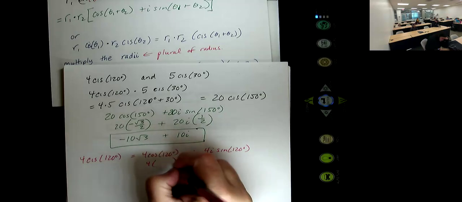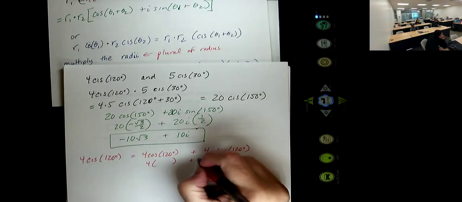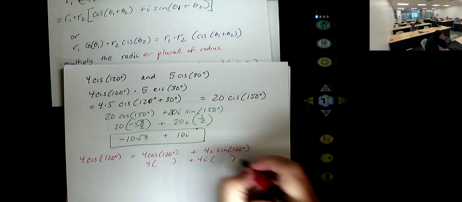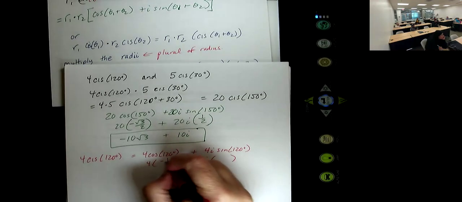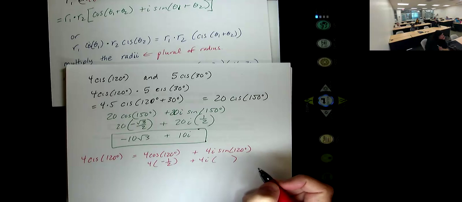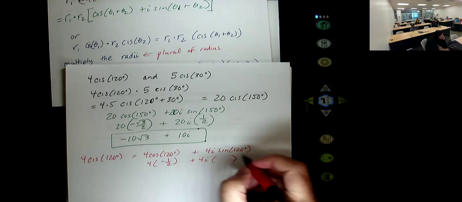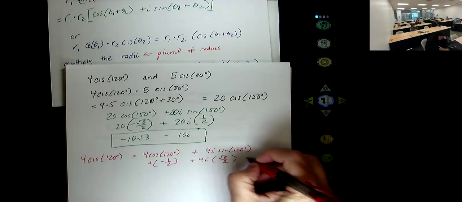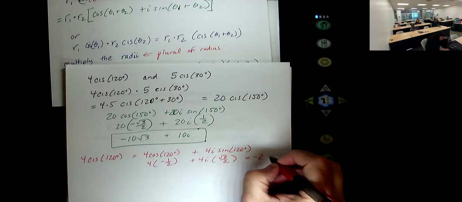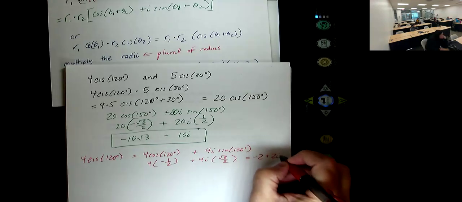What's cosine 120? It's got a 60-degree reference angle, so it's -1/2, and sine is √3/2. So this ends up being -2 plus 2i√3.